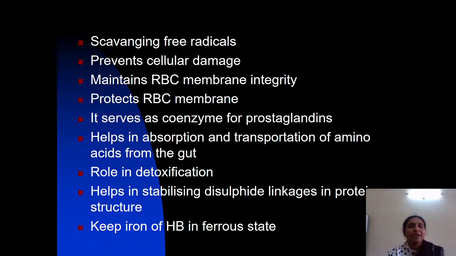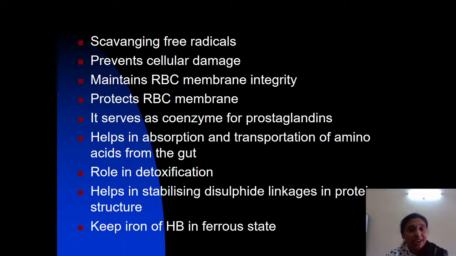Okay. Now here, glutathione also serves as a coenzyme for prostaglandins, which are growth factors. This gamma glutamyl cysteinyl glycine, that is glutathione, takes part in the gamma-glutamyl cycle, which helps in the absorption and transport of amino acids from the gut.